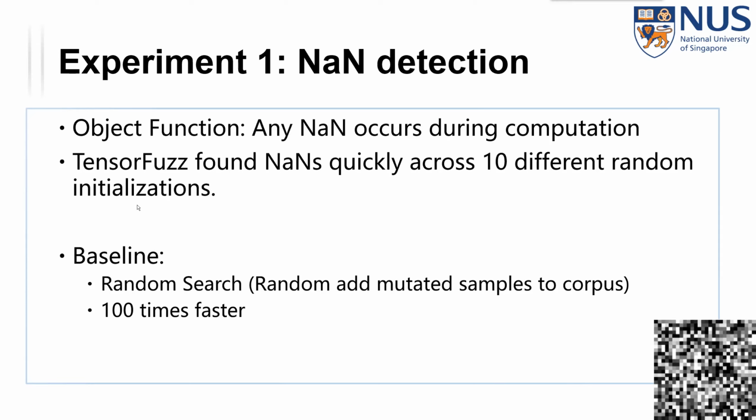They compare against a baseline of random search, which means randomly adding mutated samples to the corpus, but not randomly generating input samples. They say it's 100 times faster using the one that is used. So that's experiment one.